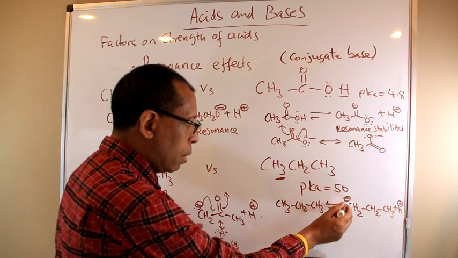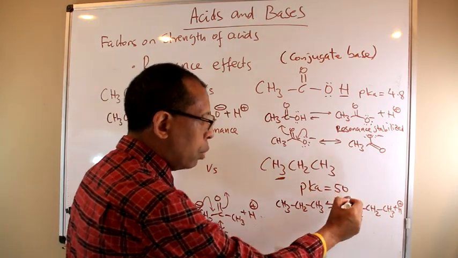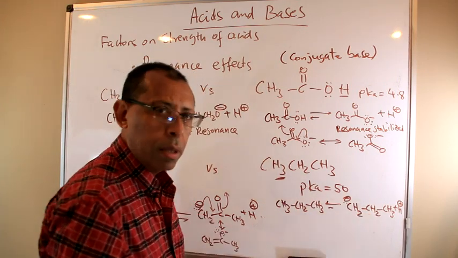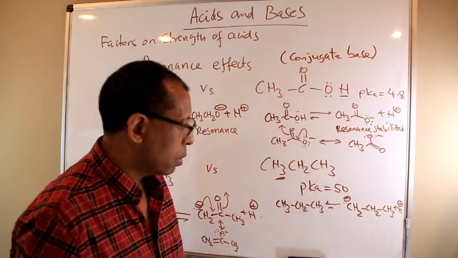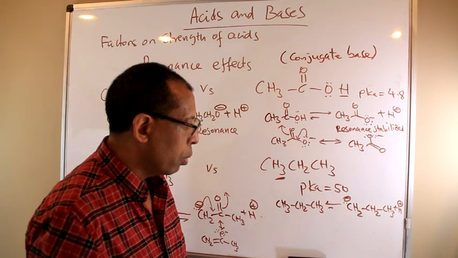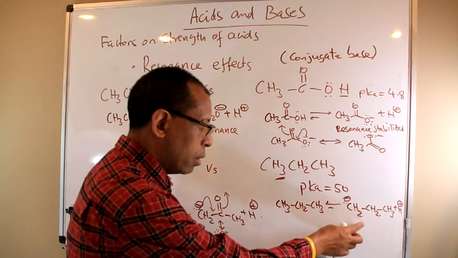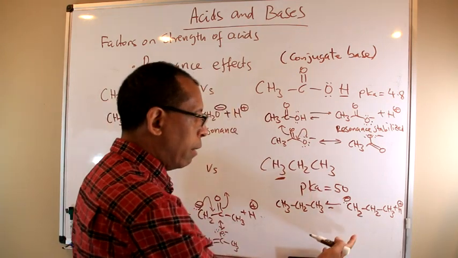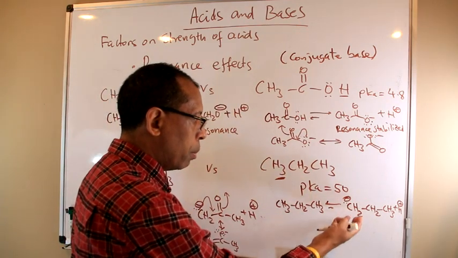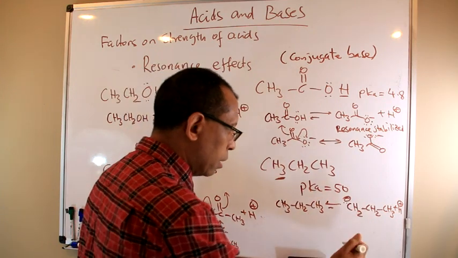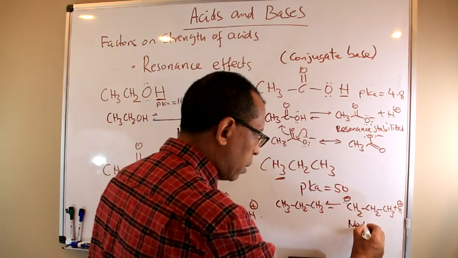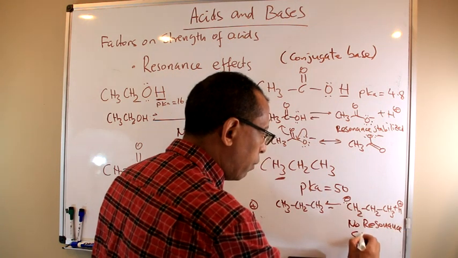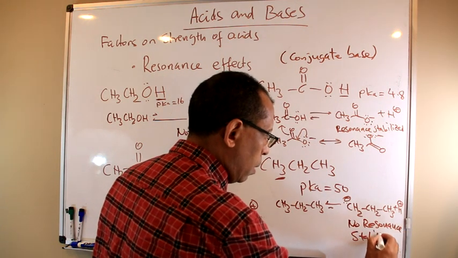Now these electrons cannot be pushed to this because it would violate the Lewis structure and it would be more than an octet. Therefore this has no resonance. Because the conjugate base is not resonance stabilized, it is a weak acid. No resonance stabilization for the conjugate base.